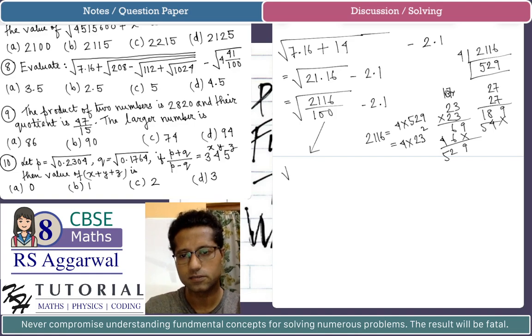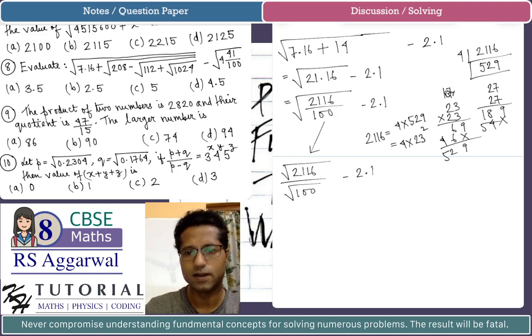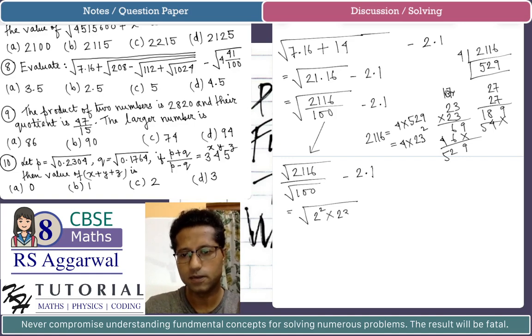So we can write it as the square root of 2116 divided by the square root of 100, and we have minus 2.1. 2116 is 4 multiplied by 23 square, and 4 is 2 square. We have 2 square multiplied by 23 square, and of course we know 100 is 10 square, and we have minus 2.1.